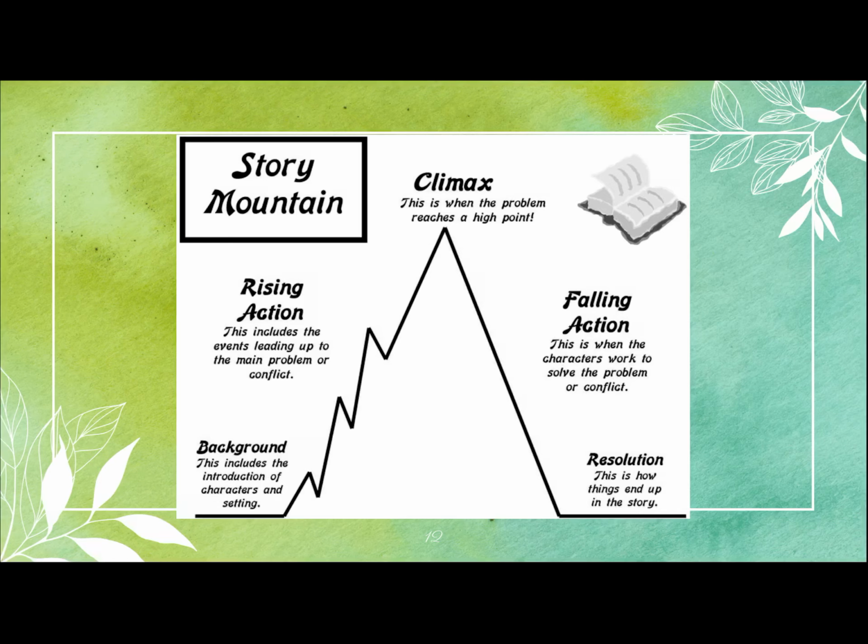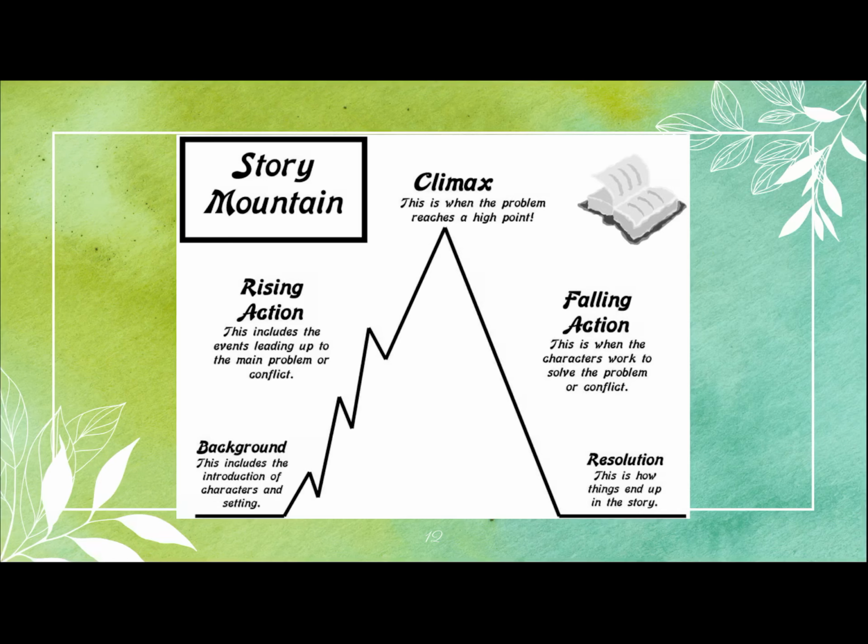If we look at the story mountain, this is usually, but not always, how a story is put together. We start with the background, introduction of characters and setting, rising action, events that lead up to the climax. This is when the problem reaches the high point.